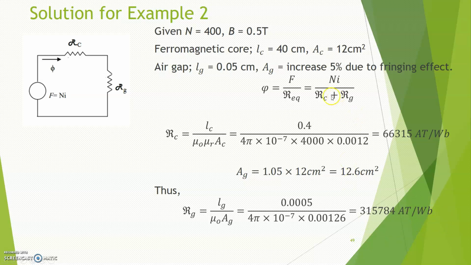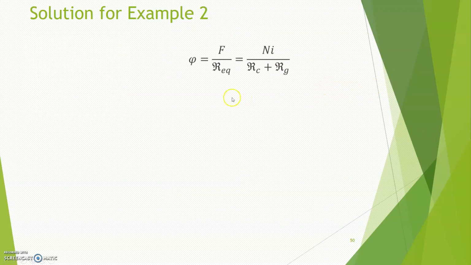Once you find this value and this value, you can substitute into the equation above. Going to the next slide, you know that the flux is given by Ni divided by Rc plus Rg, and the flux is also equal to B multiplied with the cross-sectional area. In this case, B given by the question is the flux density in the air, so the cross-sectional area you use is that of the air gap.